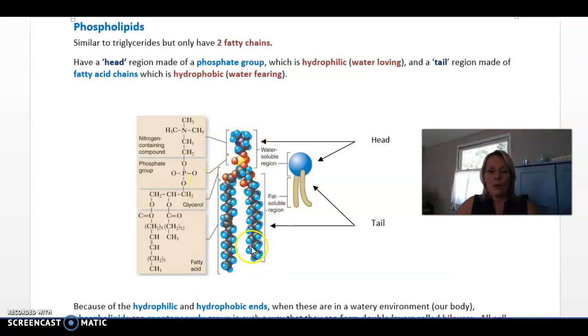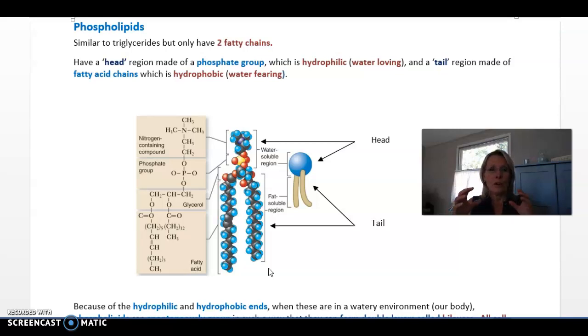The tails, however, are made of fatty acids, and so the tails are not water-soluble. And so they don't want to be around water at all in our bodies. So what's interesting is these properties of phospholipids make them perfect for forming a double membrane that we actually have as the boundary of all of our cells.